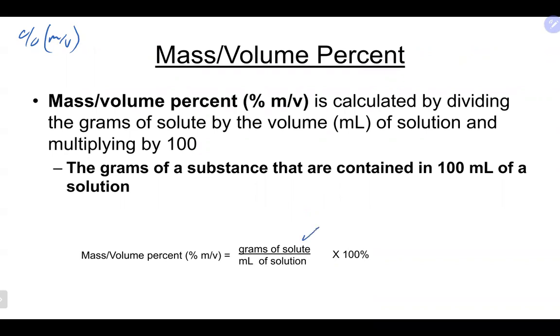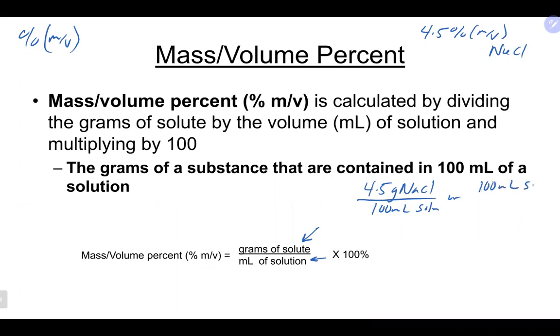It is the grams of the solute over the milliliters of solution times 100%. Just like the other ones, if you had a 4.5% mass to volume sodium chloride solution, that would mean you had 4.5 grams of sodium chloride in 100 milliliters of solution, or in 100 milliliters of solution, you got 4.5 grams of sodium chloride.